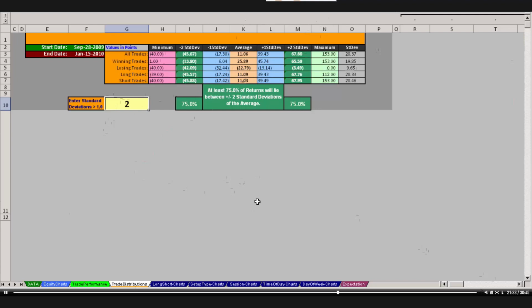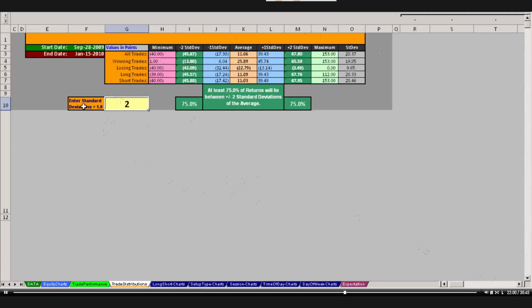And now what you're telling me, based on this study, is that there's a 75% chance that the result of the trade will land between a negative 13.80 and a positive 65.59. Yes. So that means the odds are that trade is going to land in the profit zone a majority of the time. Absolutely. It's glaring at you.